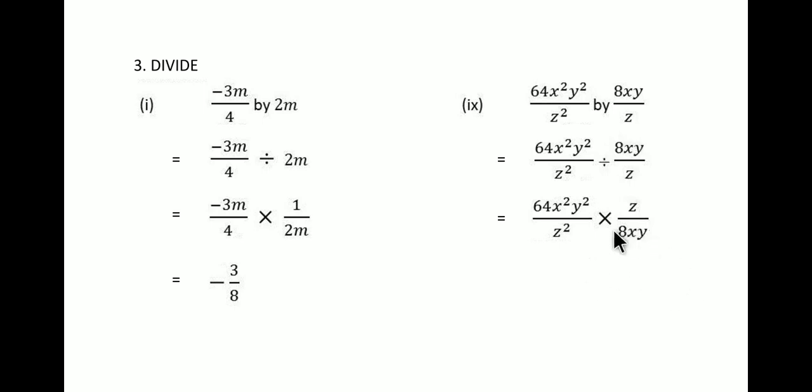Look properly: 8 can cancel 64 8 times, 8 times 8 is 64. So 8, x squared and x cancel, 1 x is left out. Y squared and y cancel, and 1 y is left out. And z squared, being the higher power, is in the denominator, so the z left out will be in the denominator. So 8xy by z becomes your answer.